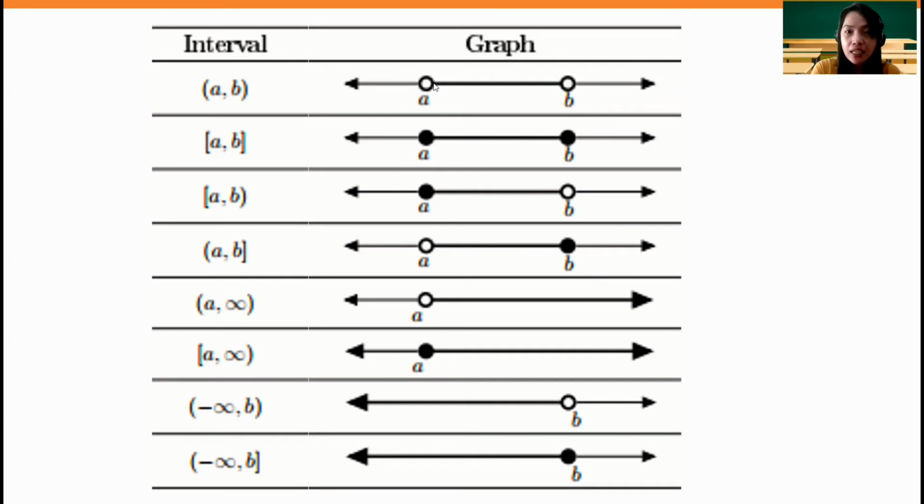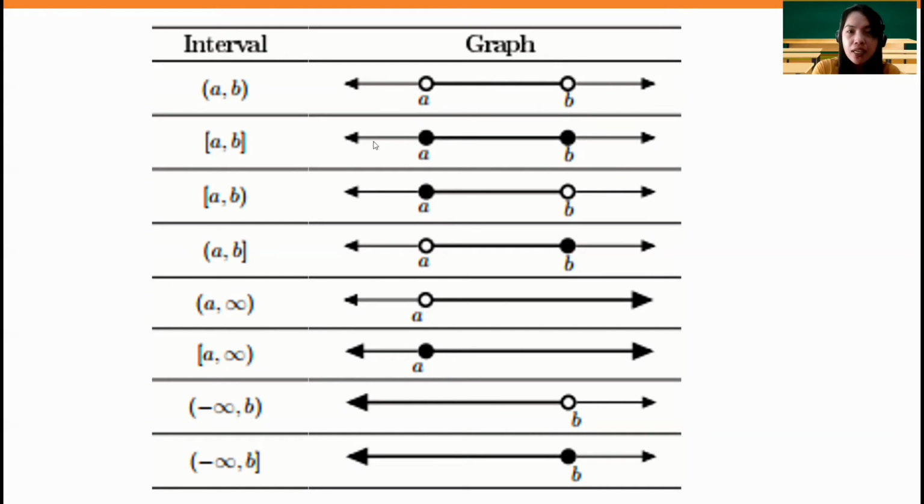As you can see, yung mga numbers between A and B are shaded in the graph. In the second interval, we have open bracket A, comma, B closed bracket. To graph that, since ang ginamit natin ay bracket, we're going to use a closed circle or shaded dot in the number line.